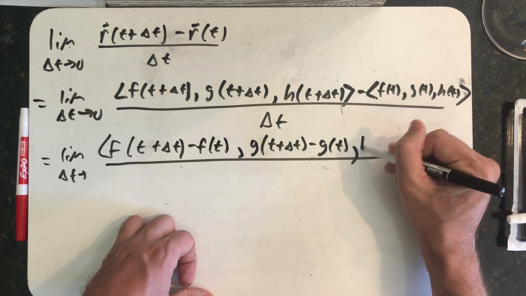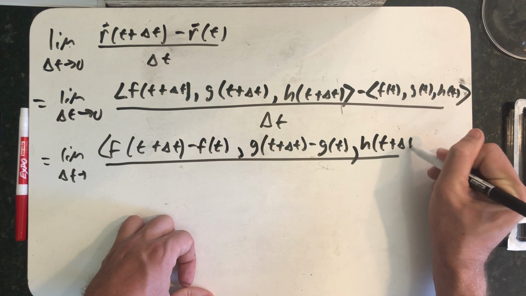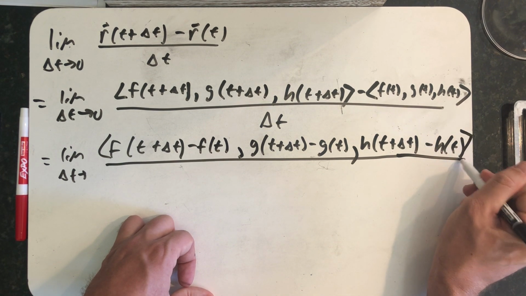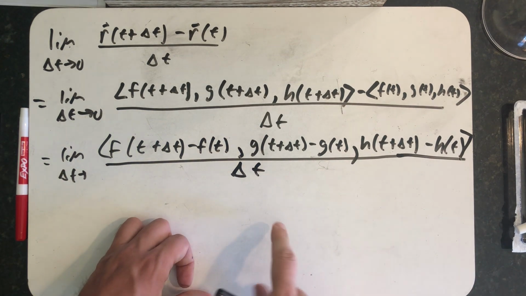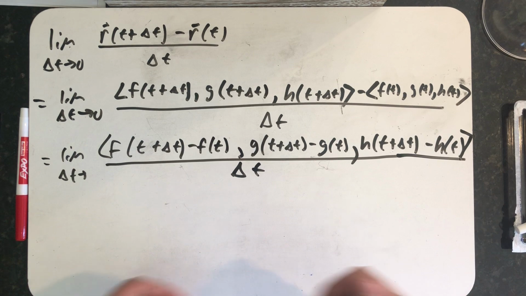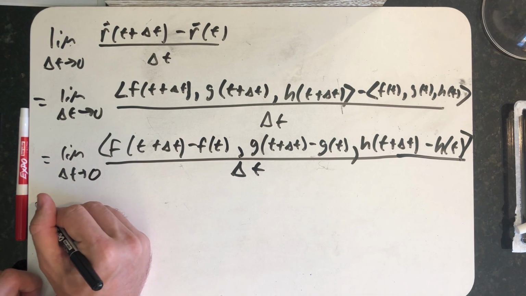And then finally, h of t plus delta t, still divided by delta t. Well, what I can do now is use scalar multiplication and divide each component by delta t.